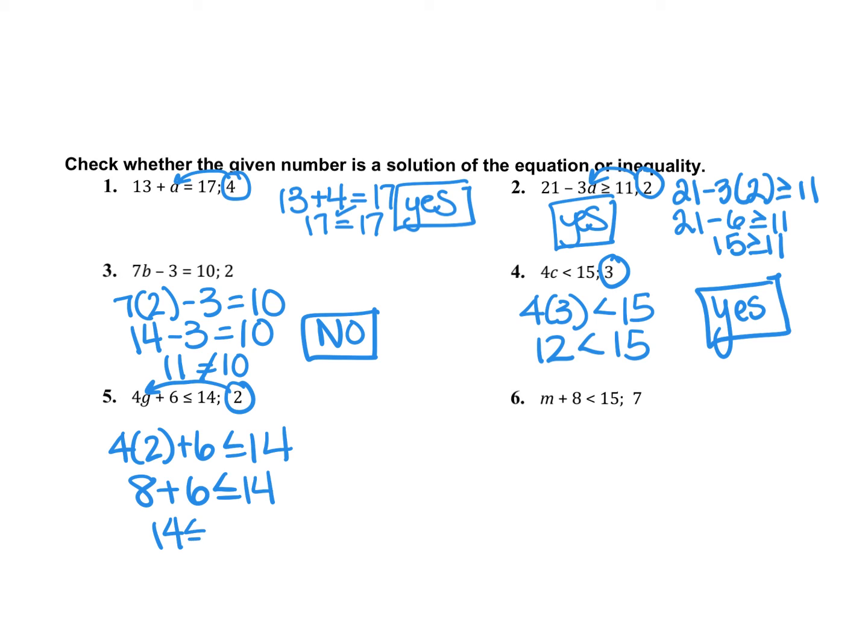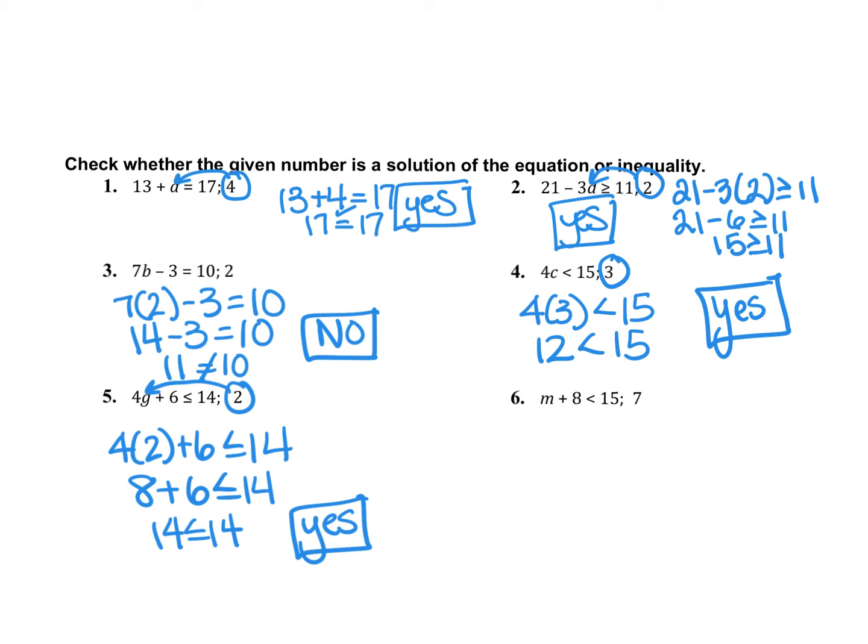Now is it less than or equal to 14? It's not less than, but because we've got that equal sign there, it is equal to it. So because it fulfills one of those, the equal to part, we're going to say yes. If we did not have that equal sign underneath there, then we would say no, it's not a solution.